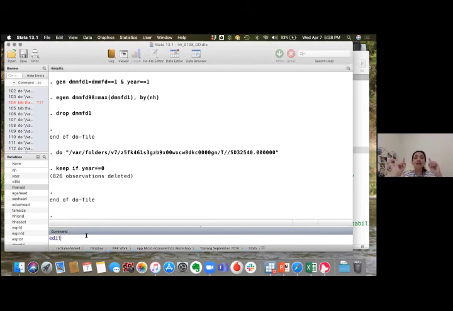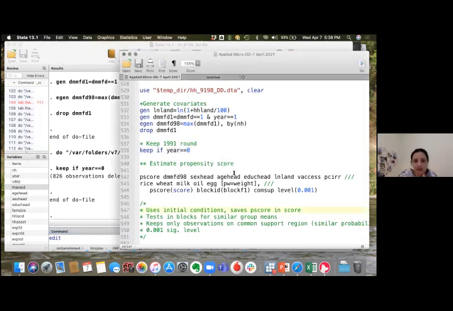So I am doing the match, this is really important, based on the initial characteristics in 91, not in 98. So I will first match between the two groups using the initial characteristics of these two groups before the implementation of the program in the year 0, and then I will do the difference in difference.